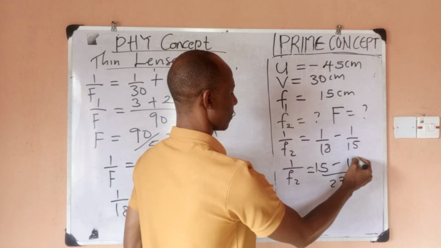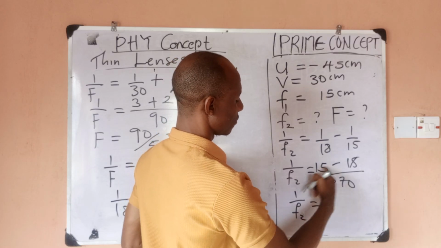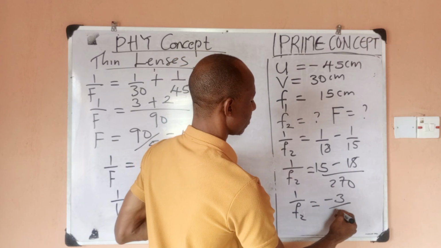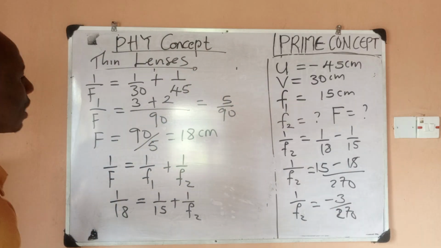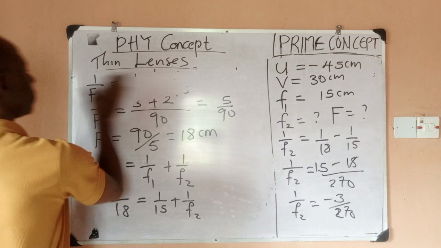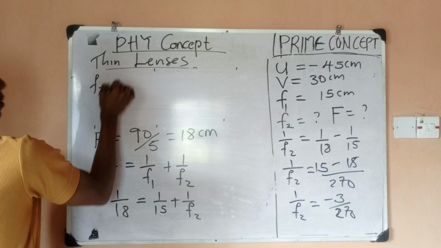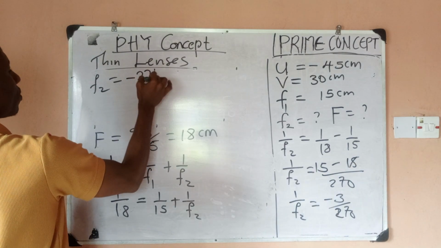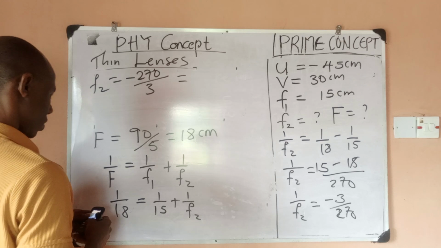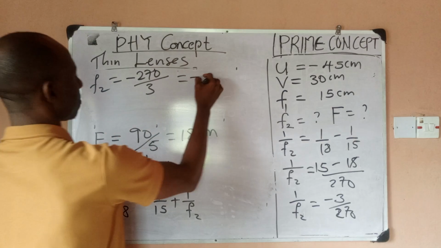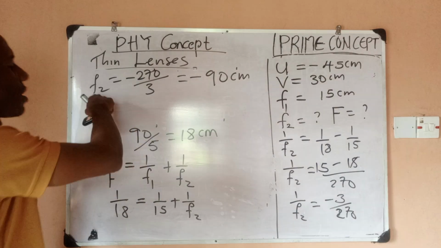So 1 by f2 is going to be 15 minus 18, which is minus 3 by 270. Then f2 is simply going to be the inverse, which is minus 270 divided by 3, and this would give us minus 90 cm.